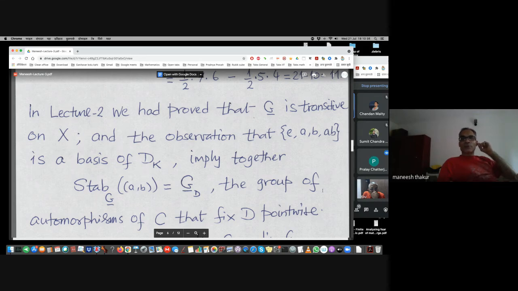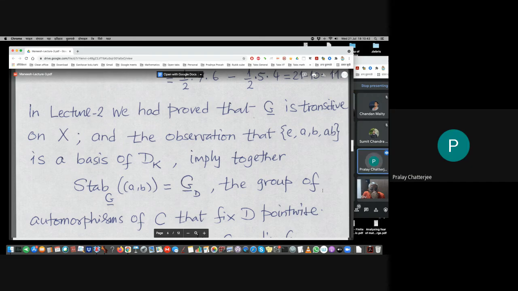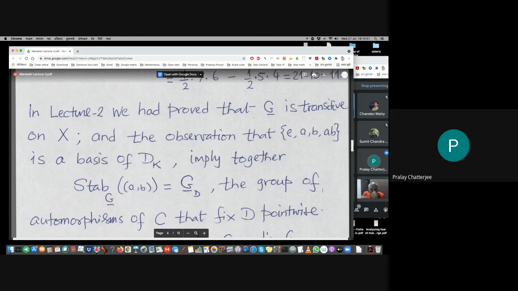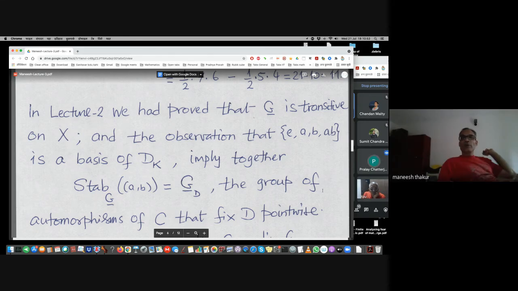So it is really on K bar points, because K points may be empty, even for lambda equal to 1 and mu equal to 1.